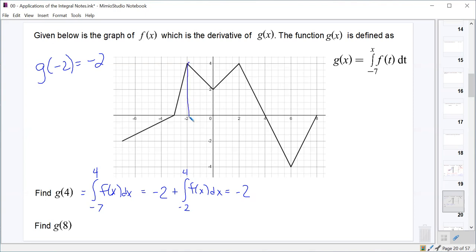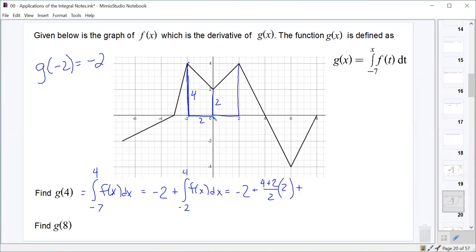Well, from -2 to 0, that's a trapezoid. So that'd be base 1, which is 4 units here, plus base 2, which is 2 units. Divide that by 2, because that's how we find the area of the trapezoid, and multiply it by the height of 2. And then we're going to do that same thing again right here.